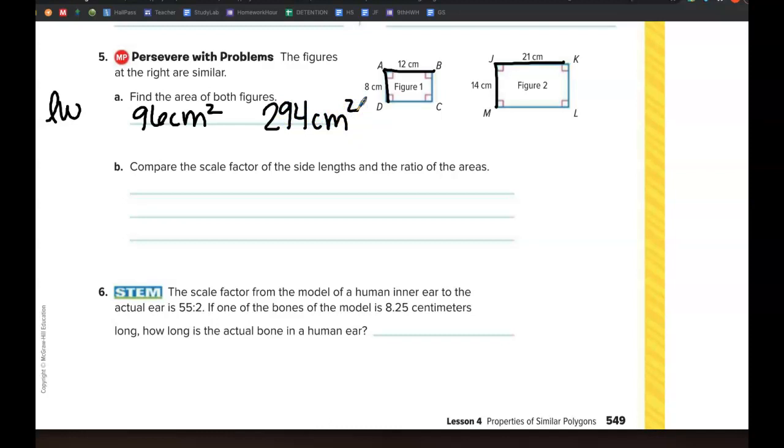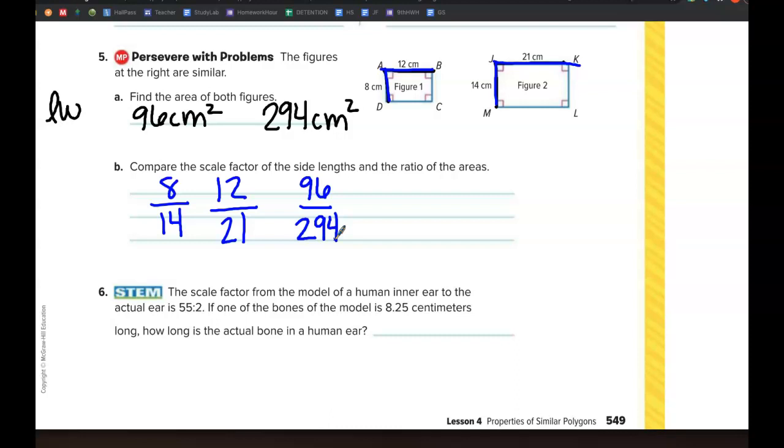Compare the scale factor of the side lengths and the ratios of the areas. So if I compare my side lengths, I would put 8 over 14, and I would put 12 over 21, and then I compare that to the areas, which the area of my small figure was 96 over the area of my large figure, which was 294.